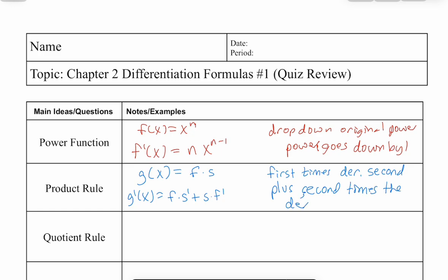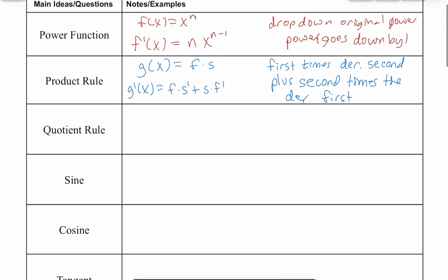Okay, so the product rule again is first times the derivative of the second plus second times the derivative of the first. So hopefully that is of no surprise to you.